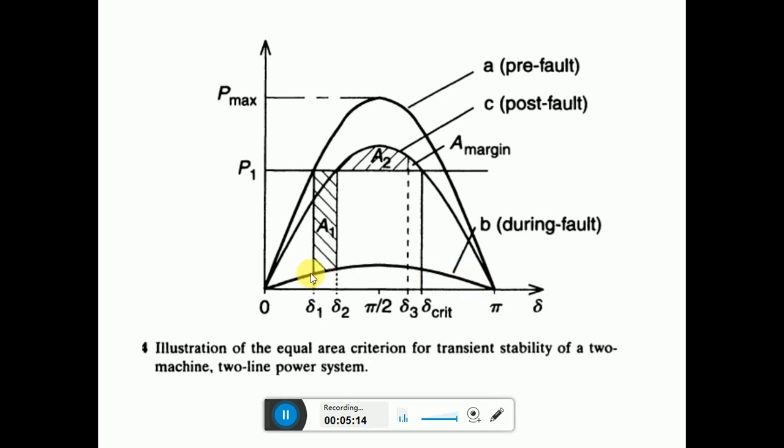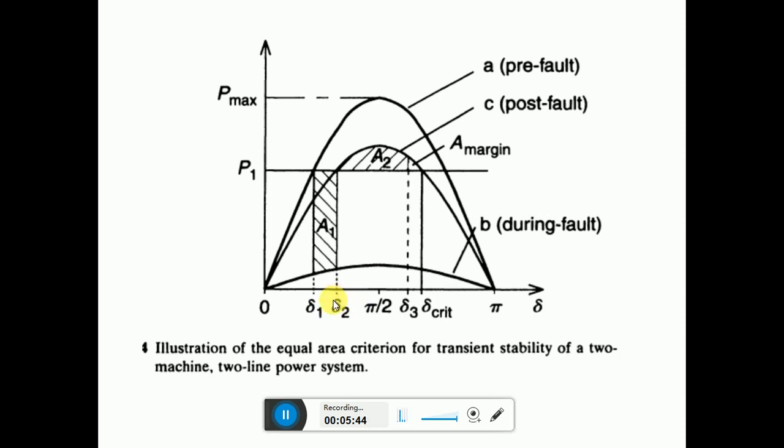As mechanical power is this much and electrical power is this much, and mechanical power is more than the electrical power, the generator will accelerate. During acceleration, the angle delta is increasing from delta 1 to delta 2.